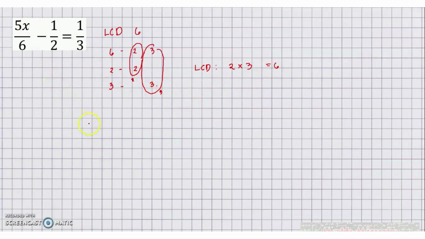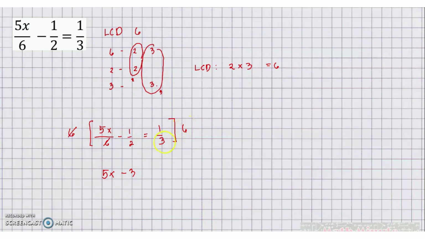What you're going to do is to multiply both sides of the equation 5x over 6 minus 1 half is equal to 1/3 by 6. So first, 6 divided by 6, that will be 1, multiplied by 5x. So that will be 5x. Then 6 divided by 2, that's 3, times 1, that would be negative 3.